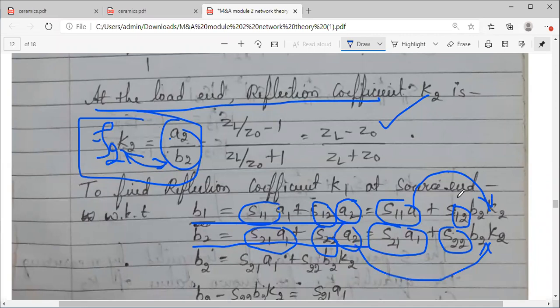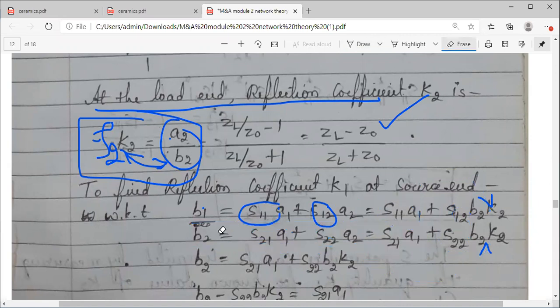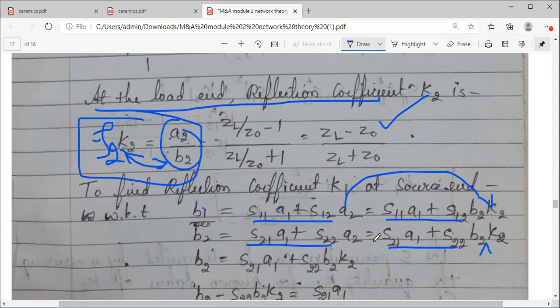So you have got B1 is equal to one expression, B2 is equal to one more expression. Hope you understood. First term I am not changing anything. Only in the second term, till this the equation is same. Only instead of A2 I am replacing it with B2 into K2. Similarly for B2 also, first three terms as it is, only A2 is changed with this.